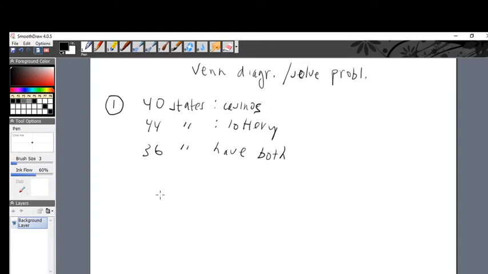Now, we need to do a Venn diagram, obviously. We need to find out how many states. Here's the questions. There's a few questions. A, how many have only casino? B, how many have only lottery?